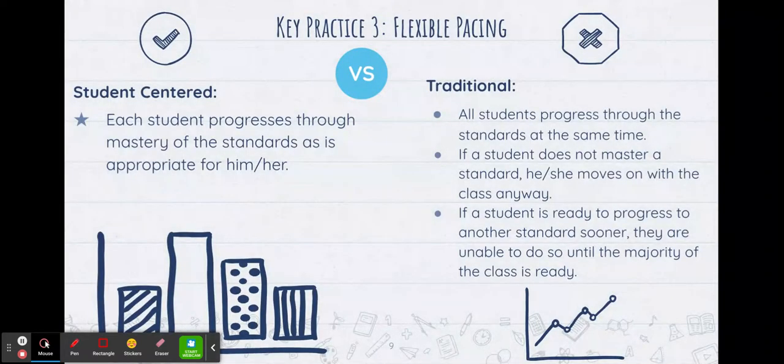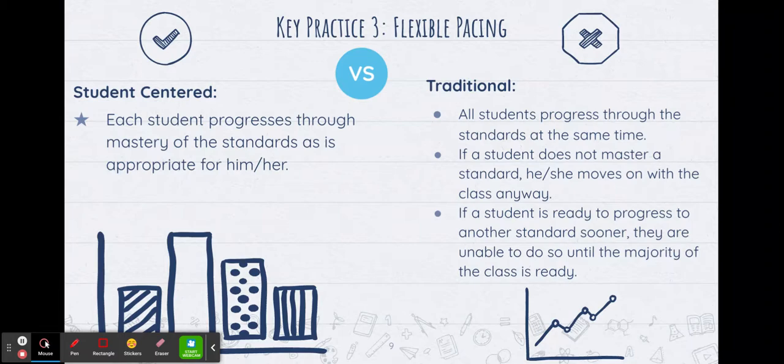Key practice number 3 is flexible pacing. In a student-centered classroom, the students progress through the mastery of standards that's appropriate for him or her throughout the course of the school year. So rather than having to demonstrate mastery at the end of a unit, it may take one student a little bit longer to progress, whereas another student may progress very quickly.